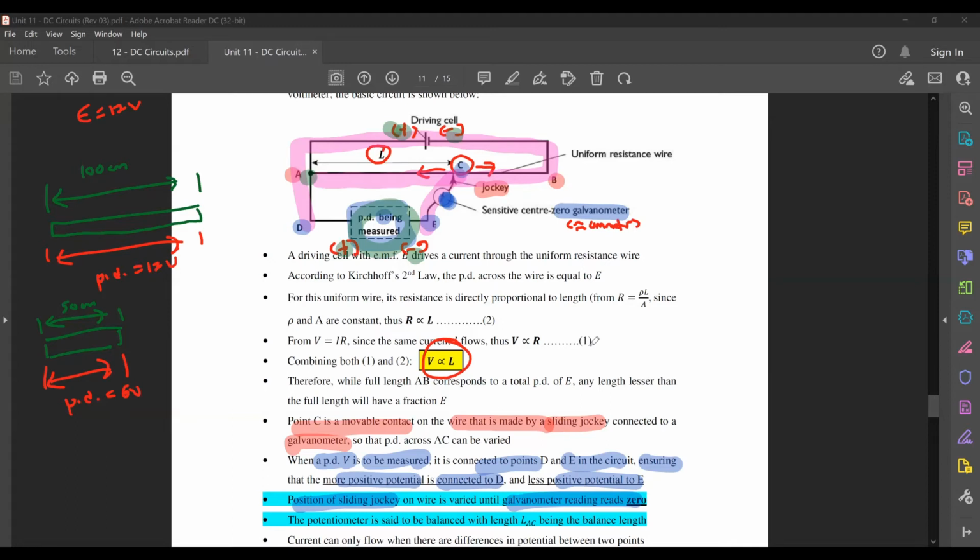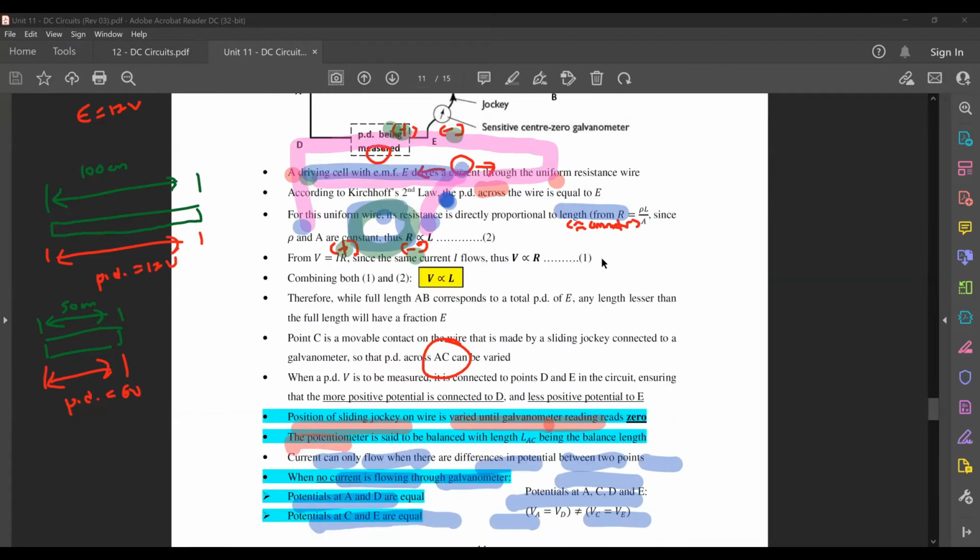At this point, we will say that your potentiometer is balanced and the length AC that you have is going to be the balance length. So the main goal of any potentiometer is to slide it until your galvanometer reading is 0, and whatever the length you have is your balance length.